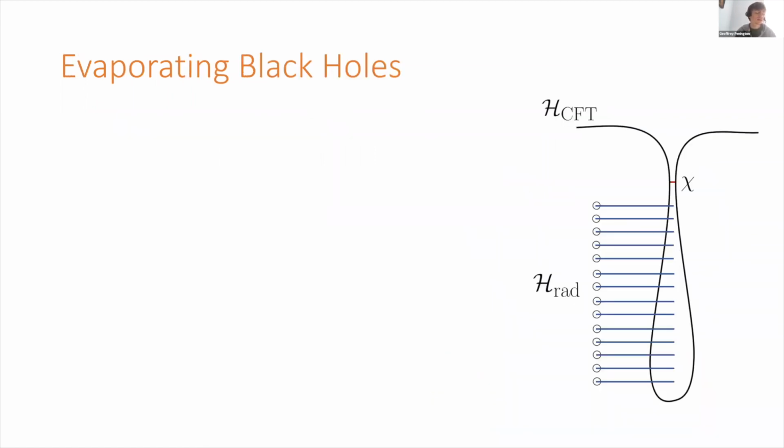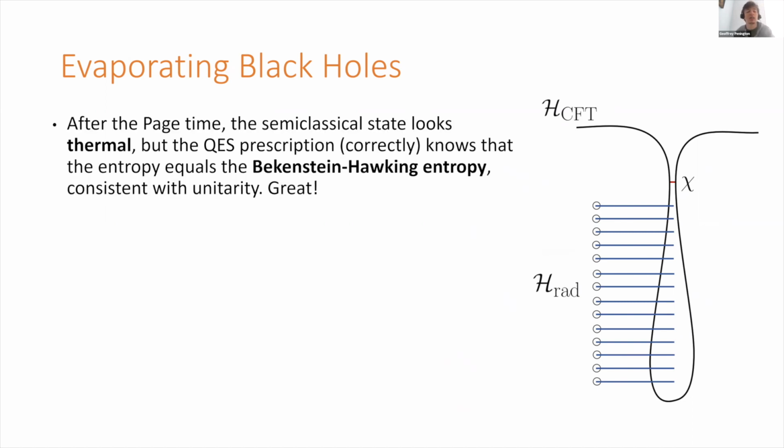Okay, so as I say, you can also see the same paradox for an evaporating black hole. I'm just going to very briefly say how it shows up there, just to see the connection. So as we all know by this point, if you look at an evaporating black hole after the Page time, then in the semi-classical description, all the Hawking radiation is just in some thermal state.